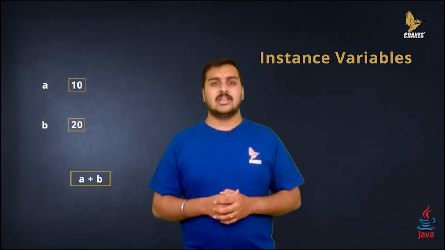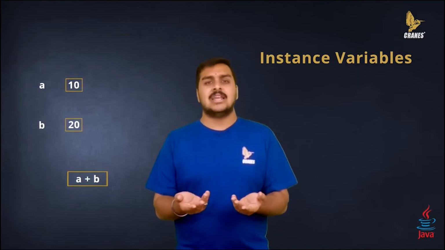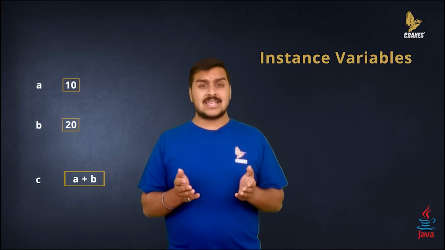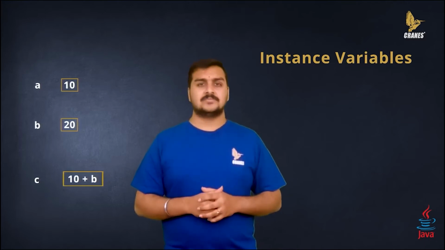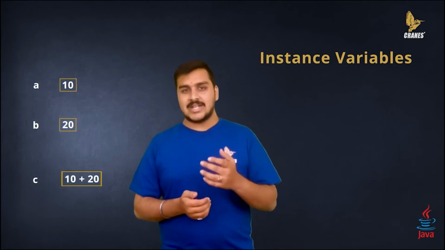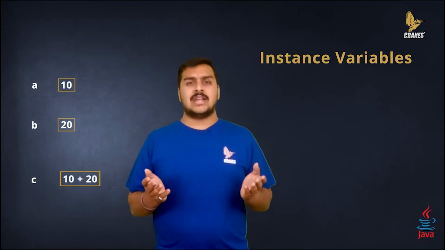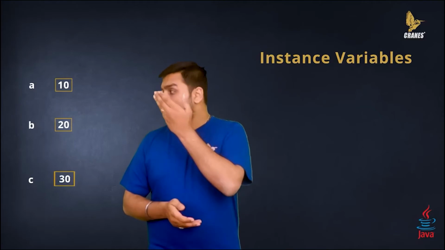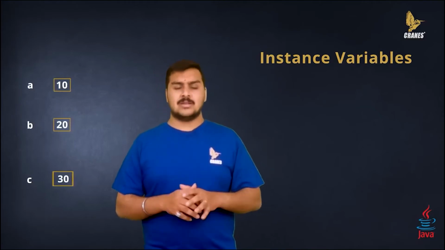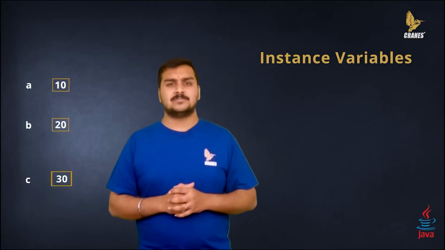This will give me one result which has to be stored inside another variable, that is c. Inside a, 10. Inside b, 20. So the end result of this is 30. This is how things look in your memory, similar to the previous class.